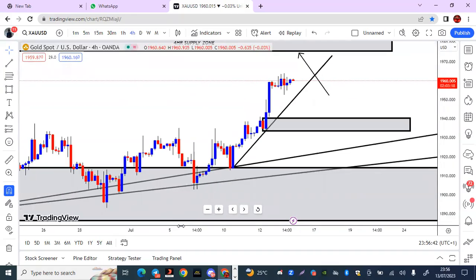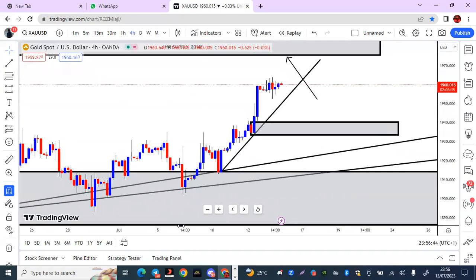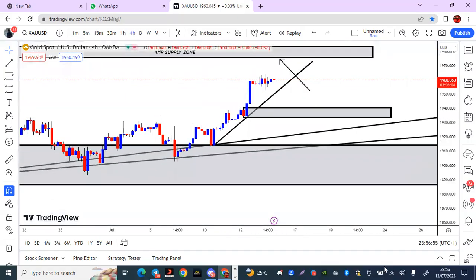Now, if the trend is to change, it starts changing from the lower time frame. Before you know it, let's say gold is to be bearish, the structure of gold is changing to a bearish move, then we will expect price to break this, which is one criteria.